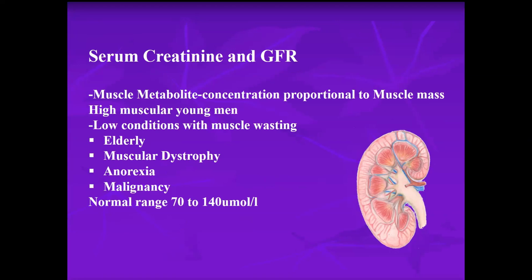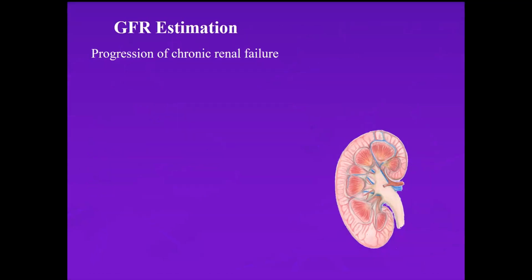Creatinine is the muscle metabolite, and its concentration is proportional to your muscle mass. So a highly muscular young man might have a higher creatinine, whereas in conditions with muscle wasting, the elderly, muscular dystrophy, anorexia, malignancy, you might have a falsely low creatinine. So normal range is 70 to 140 micromoles.